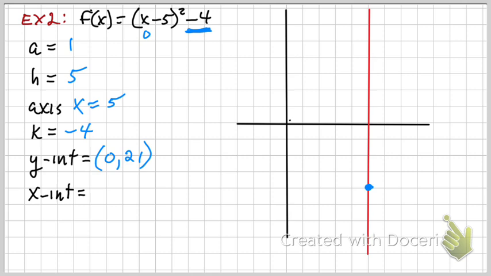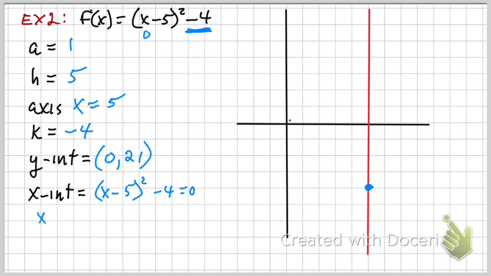Now the x-intercepts, what do I do? Well, let's go back to our original equation. I set this equal to 0. I've got a perfect square there, x minus 5 times x minus 5.